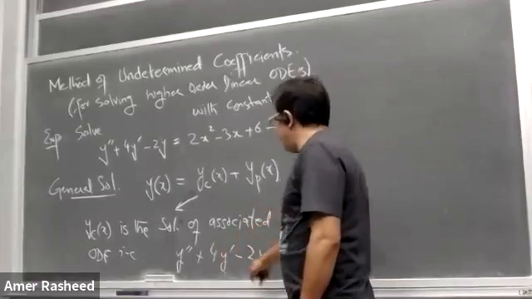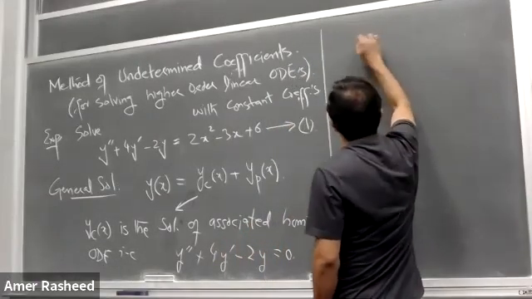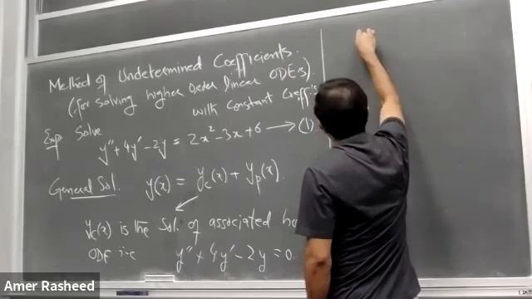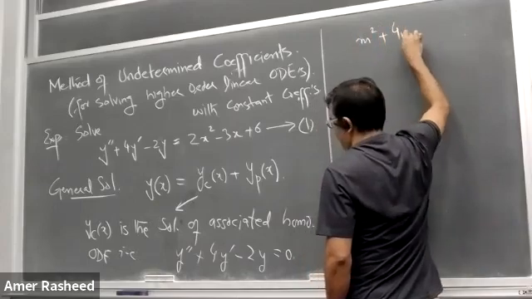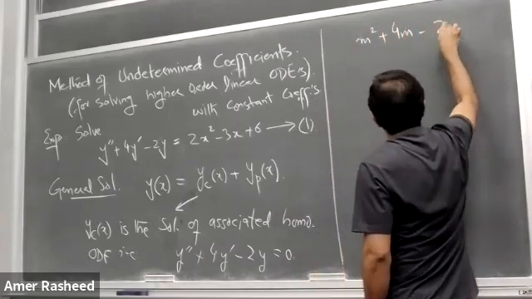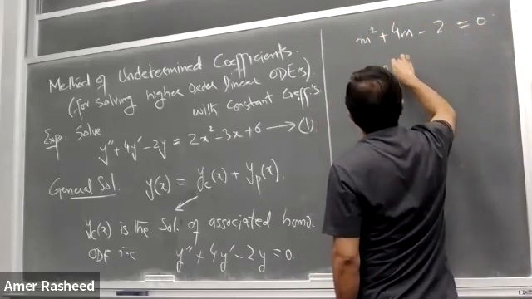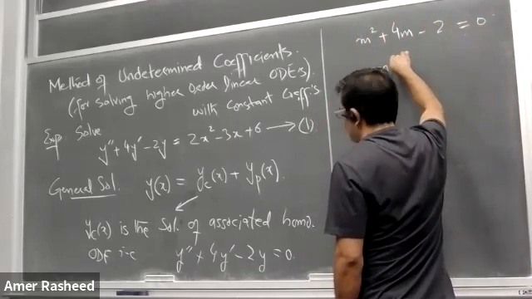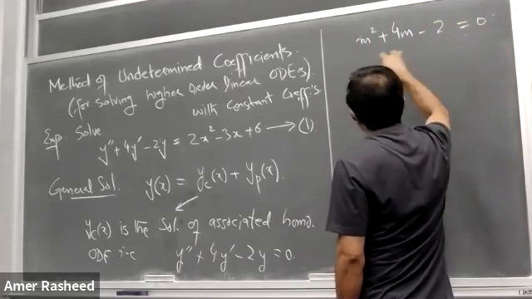So in order to find yc, we write the auxiliary equation or the characteristic equation: m squared plus 4m minus 2 is equal to 0. Can we factorize it?